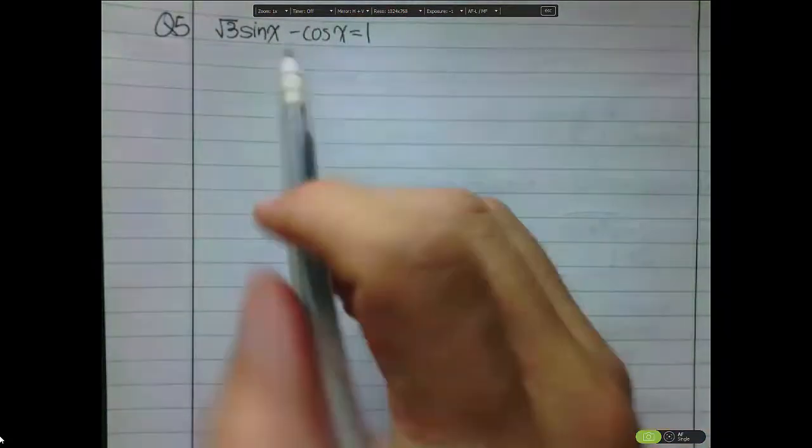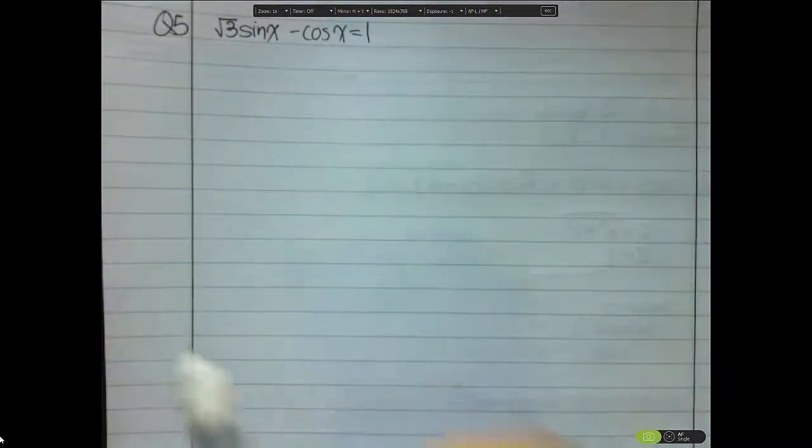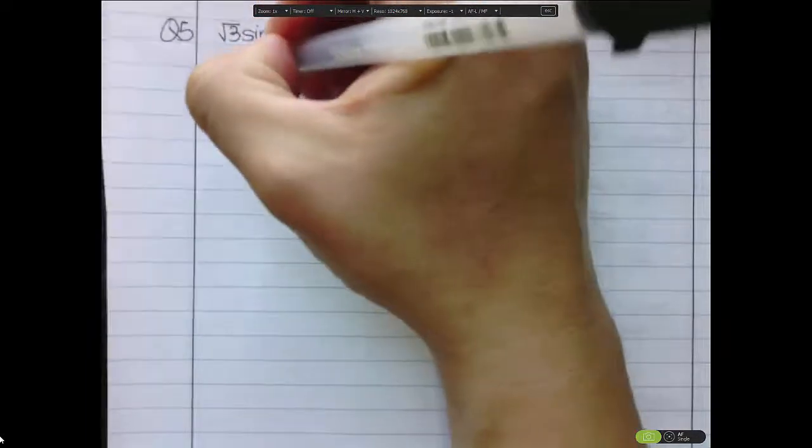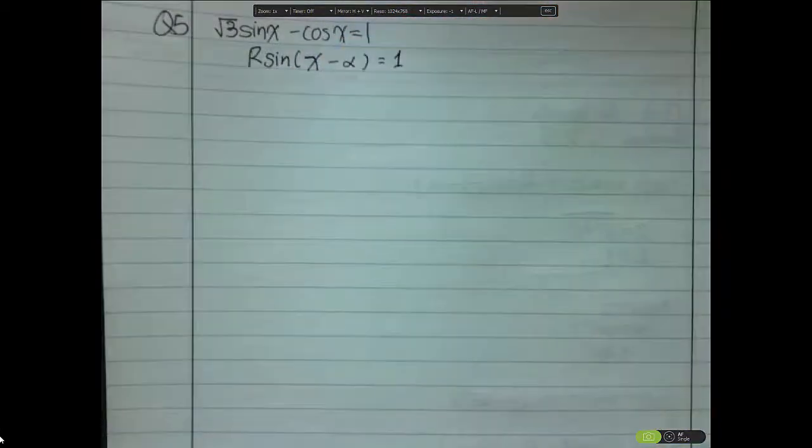So the first thing we do is we will try to express these two into one trigonometric function. So what I do here is I write R sine theta, or in this case x, R sine x minus alpha is equal to 1. So one sine term, one cosine term, we can combine into one single trigonometric function.